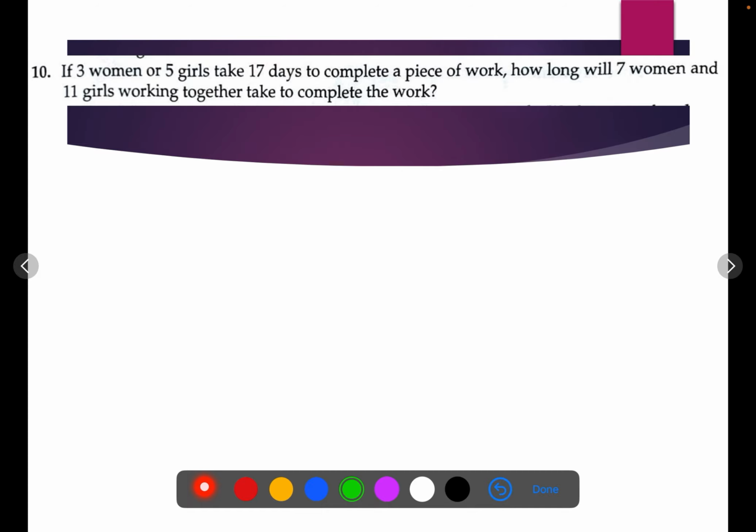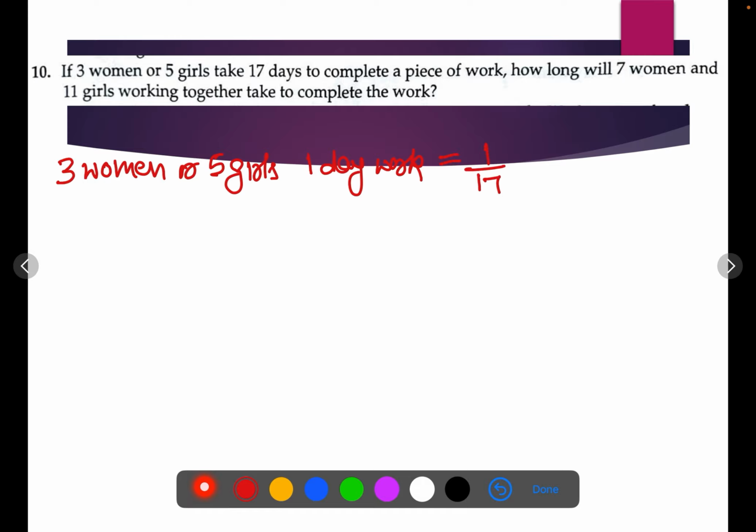How long will 7 women and 11 girls working together take to complete the work? So the capacity of 3 women and 5 girls is same. So I'll first find out the one day work done by 3 women or 5 girls. That would be 1 upon 17.